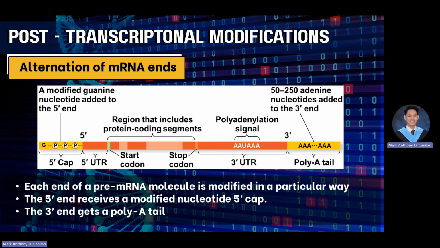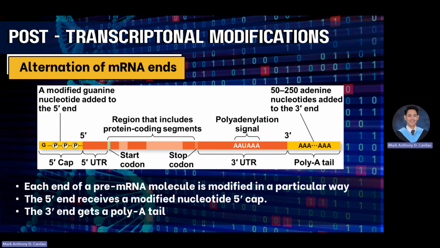So the cap and tail help it become more stable and protected while it is in the cytoplasm, and when the right time comes, the ribosome attaches to the mRNA, and it is ready for the next step known as translation.